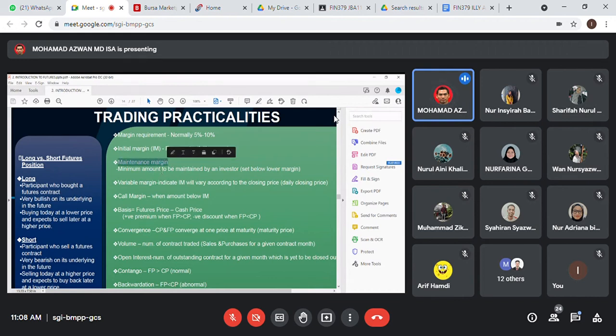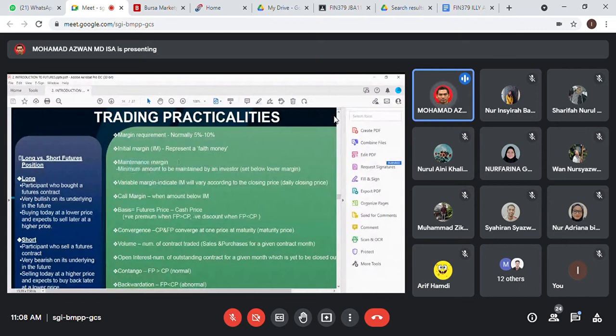Maksudnya, when you close the trading day, while you hold the futures contract, the daily amount in the account must be maintained at a certain minimum amount.